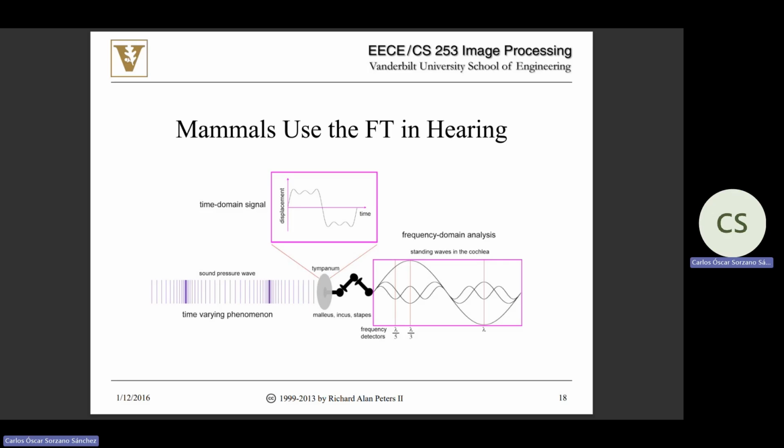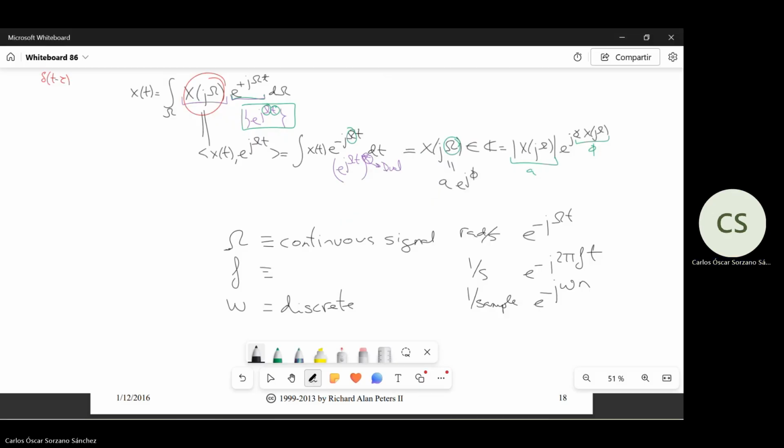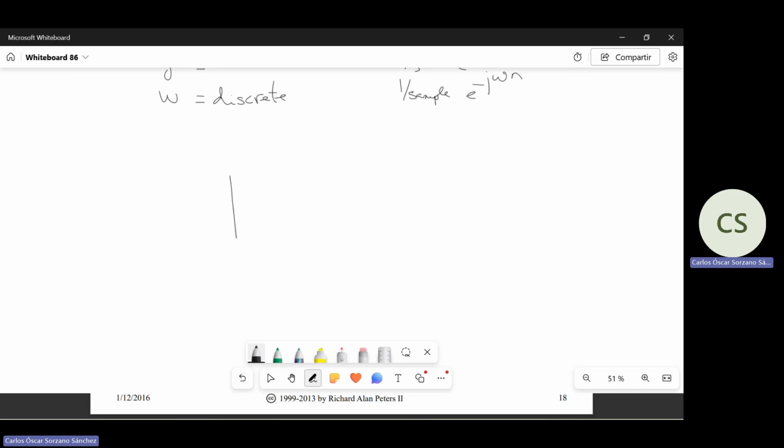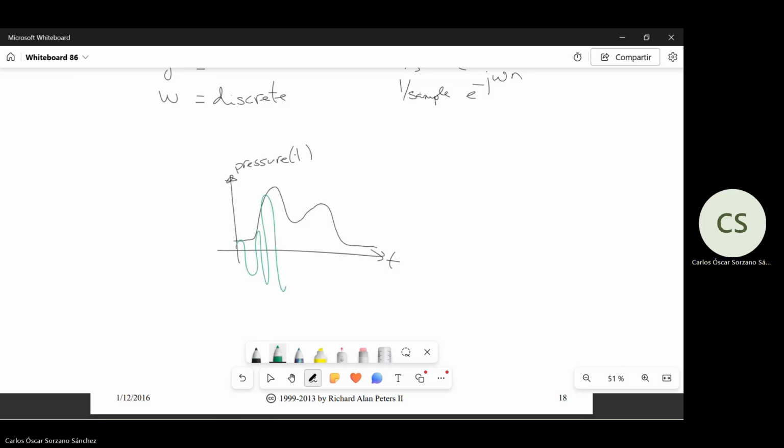So if you plot the sound pressure over time, it has some low pressure and then high pressure and then low again and then high again. So the pressure cannot be negative. The oscillations here can be negative, but the pressure itself cannot be.